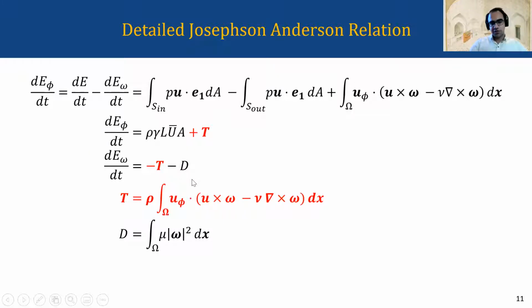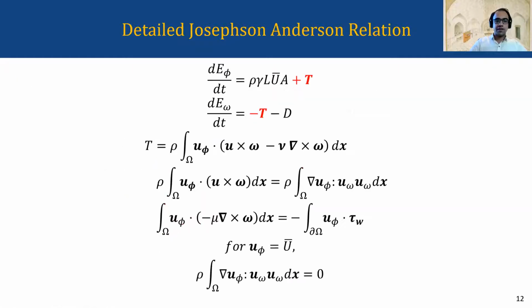So the whole thing goes through essentially in this new form. And we are interested then in this term T, which let's maybe think about this for a while. So you can see that this T term, again, acting as a sink here and a source here, since T is negative, we see that it has two components. The first, U cross omega, the nonlinear part, and the second, which is from the viscous part.